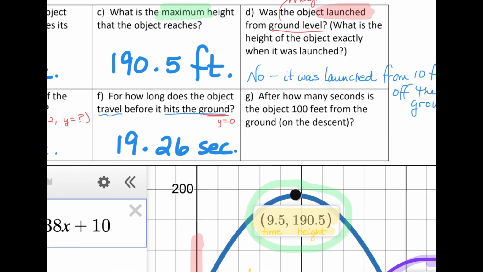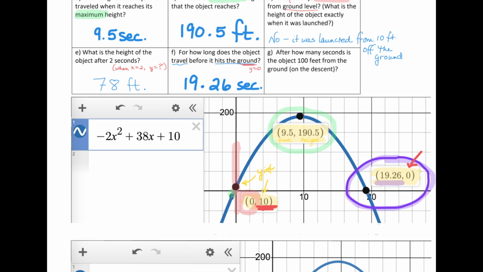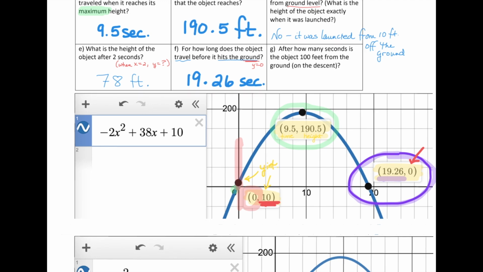And then the last part of number 1 asks after how many seconds, or at what time, at x equals what time, is the object 100 feet from the ground. Well, to do that, you want to give yourself an idea of where 100 is on the graph. So here, if this is 200, this would be 100, right?